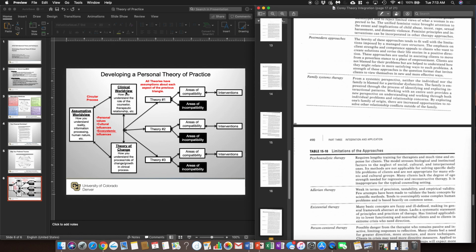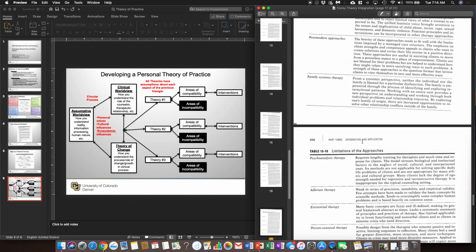You'd have a great sense of your clinical beliefs, the role of the therapeutic relationship, and the beginnings of your model of change. You would have a series of 3 theoretical models shown to be consistent with your belief system. If you circle those questions like I suggested, you'll have an even greater understanding of what within the therapeutic process is at the core of this triangle of assumptive worldview.